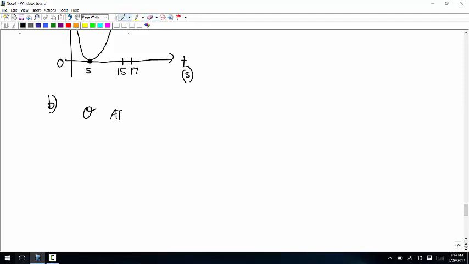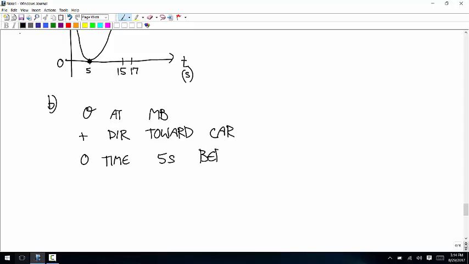Make that the mailbox. And our positive direction is toward the car. And our 0 time is 5 seconds before he starts walking.